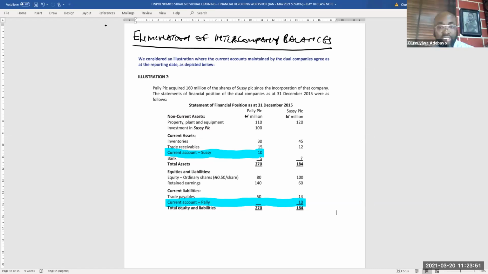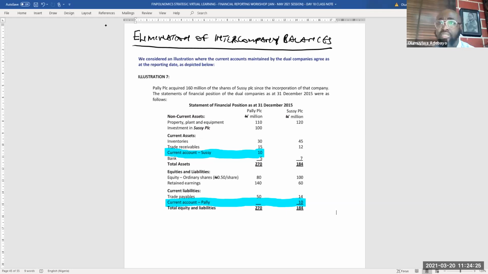If you are not conversant of this, you will go ahead to consolidate by merely adding the balances entirely, which will not be correct. Yes, your balance sheet will agree, but it's not going to reflect your financial position. That is one of the reasons why the nomenclature was changed from balance sheet to statement of financial position, because people mostly believe that anytime your balance sheet agrees, all is well, but that is not necessarily correct.